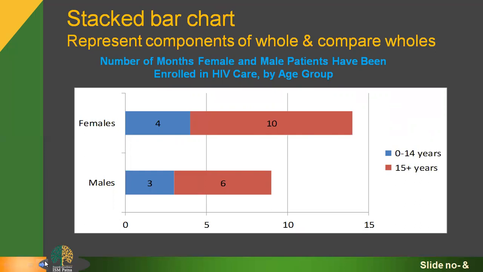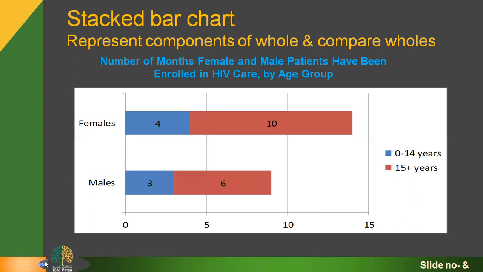Here in this case, the chart is depicted as you see, the male and female patients have been enrolled in HIV care by age group. Now the age group 0 to 14 is mapped with blue color, and above 14 is mapped in a maroon or red-like color. So if you want to see the female ratio in a single bar, this is the concept of a stack bar also. So in a single bar, if you want to see the ratio of male and female, then on the same bar, by putting different color ranges, we can depict it.